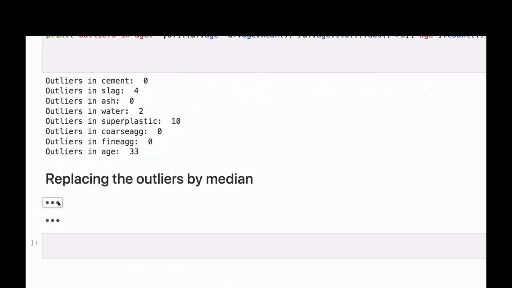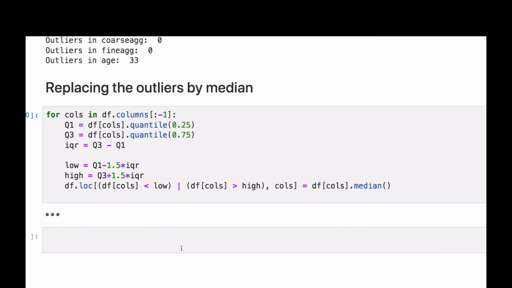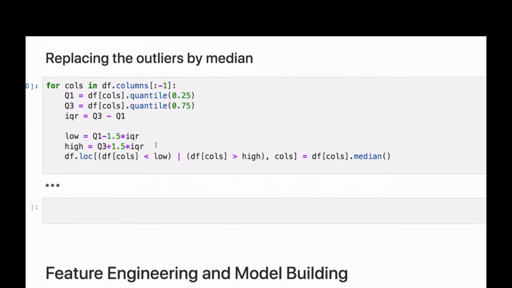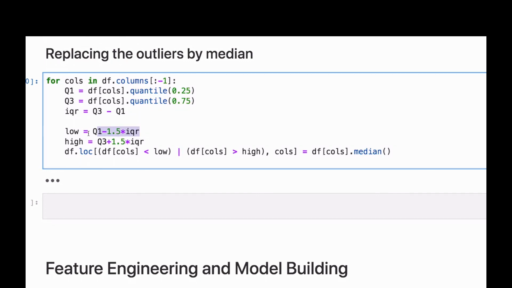Now we can replace these outliers with the median of each of the columns. Remember we use this function to calculate the outlier.